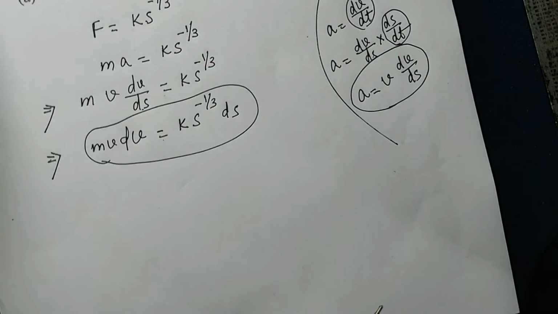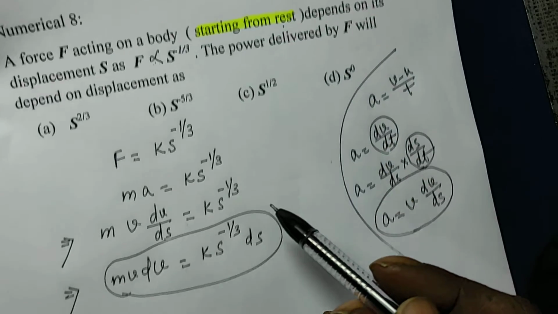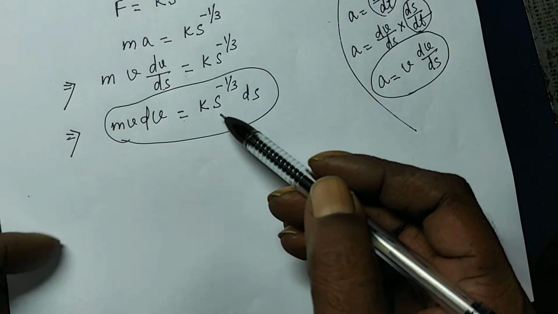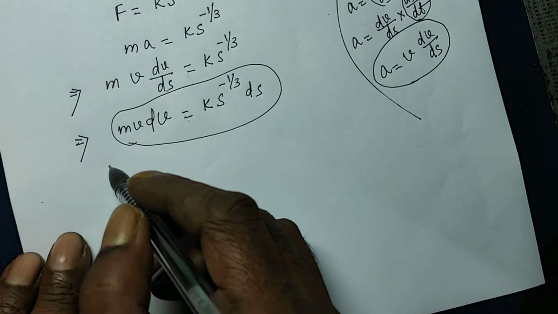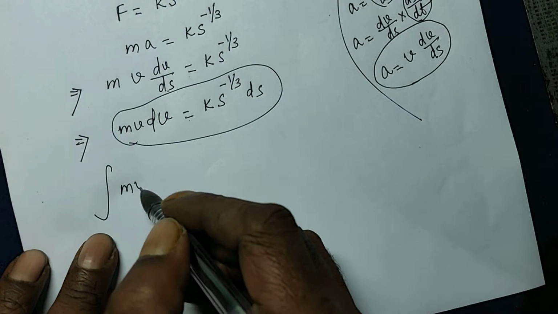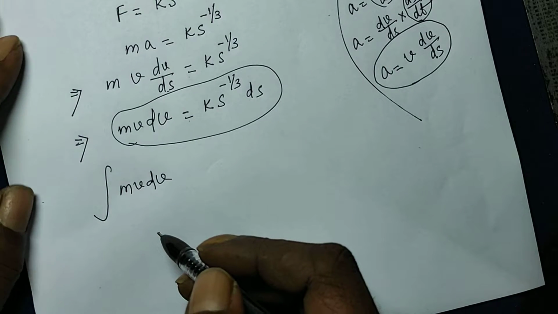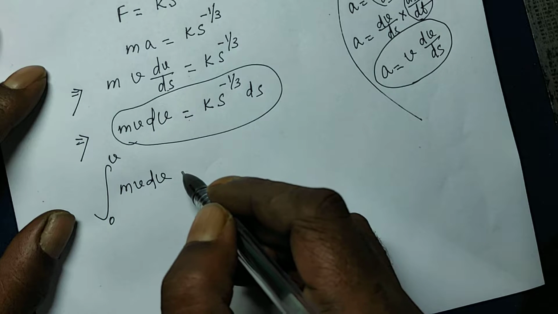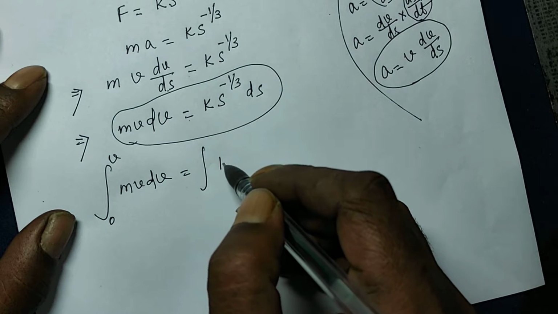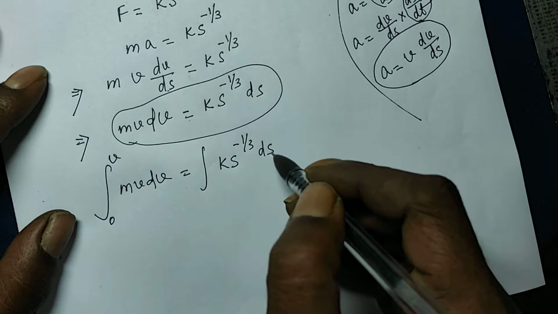Similarly, when it started from rest, it had not covered any distance, so the limit of integration on the right hand side will start from 0. So integration of m v dv from 0 to velocity v will be integration of k s to the power minus 1 over 3 ds.